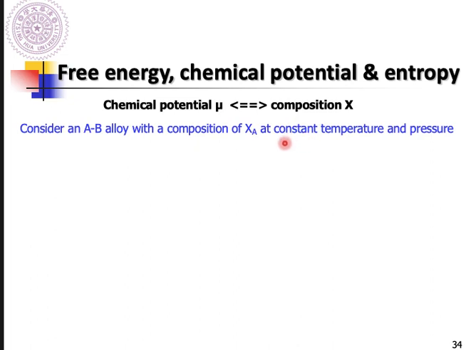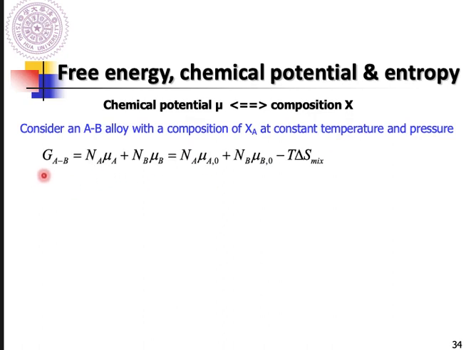So let's formulate the total Gibbs energy of the AB alloy. You write down the number of atoms A times mu A, the chemical potential of atom A, plus the number of atoms B times the chemical potential of atom B.